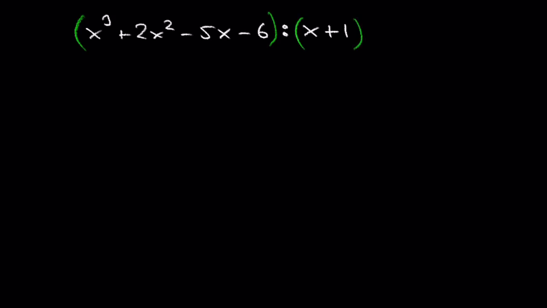What about x cubed plus 2x squared minus 5x minus 6 divided by x plus 1? Again, the first thing we're going to do is to set up the long division problem.